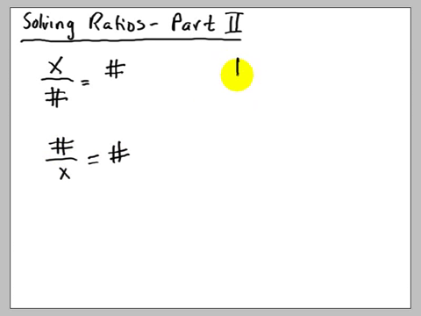Now how about a situation like this? A number equals x over another number. Well, in this one, I'd put this over 1 in my mind, and I'd say x is this times that divided by 1. But since dividing by 1 doesn't do anything, I just say x is this number times this number. And then the last scenario, I guess, would look like this.